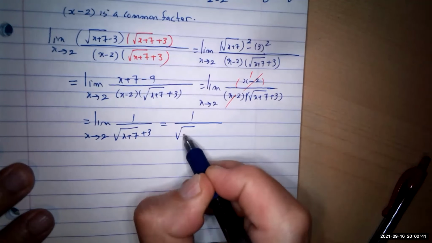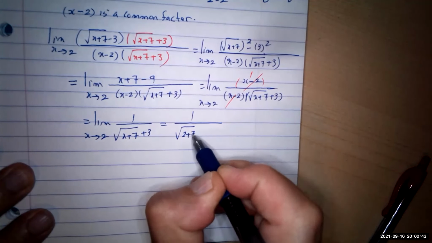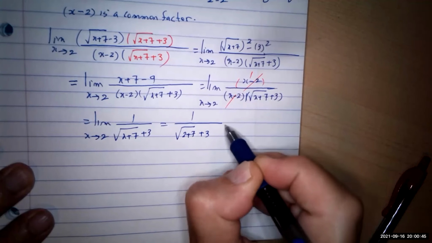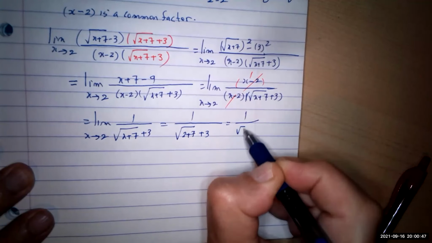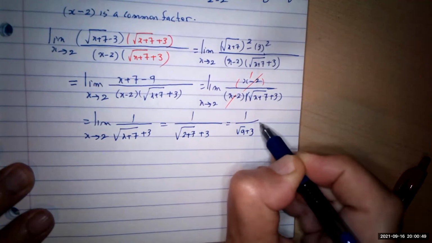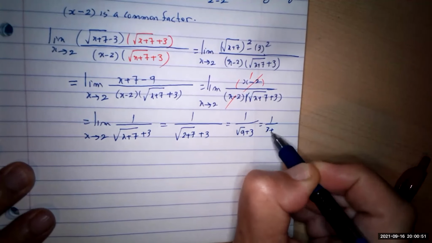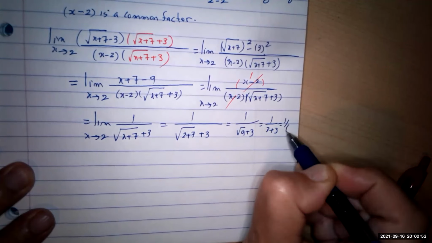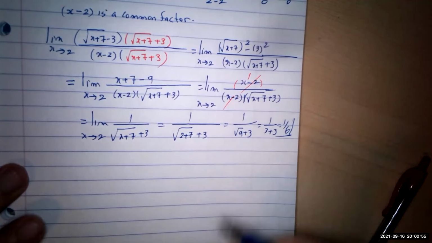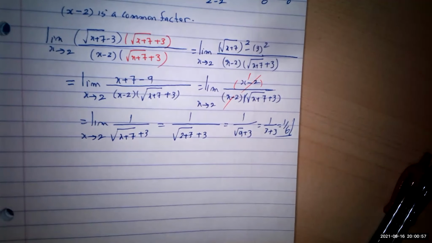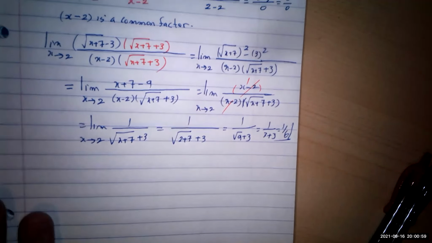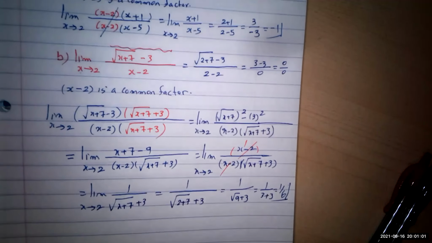So that gives radical 2 plus 7 plus 3. It's radical 9 plus 3. It's going to be 3 plus 3, which is 6. The final answer. Okay, so that's the famous special limits, and exactly the one that you got on the quiz.